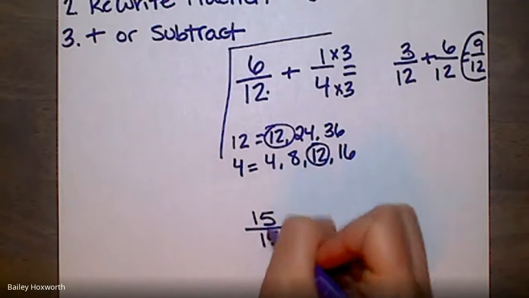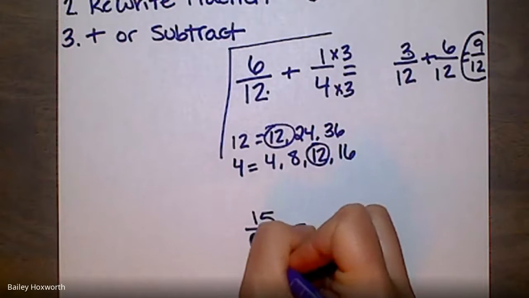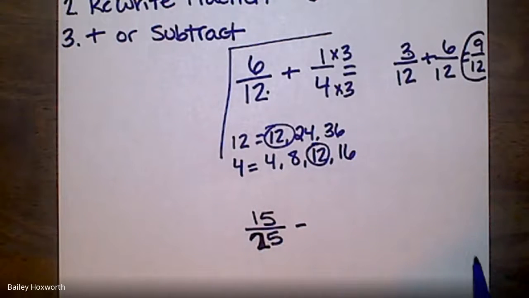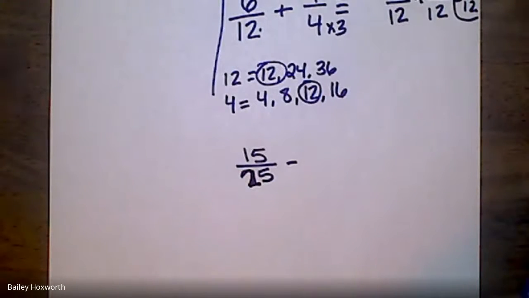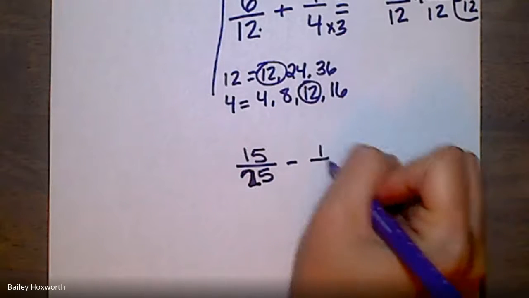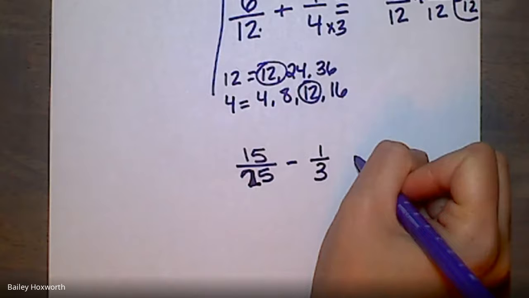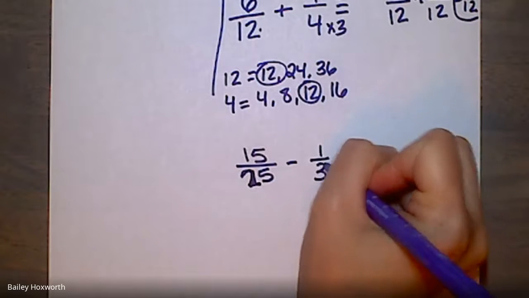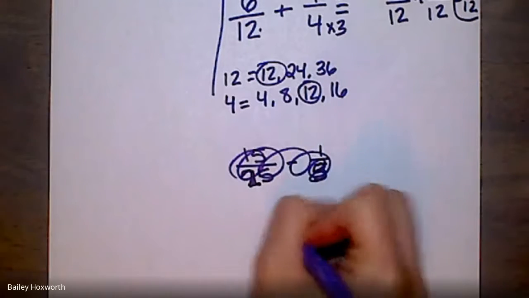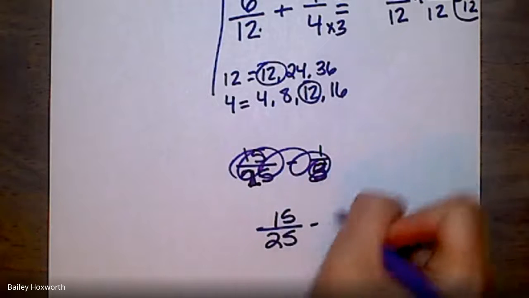Let's do 15 over 25 minus 1/5. Sorry, guys. Okay, I'm changing my mind. 15 over 25 minus 1/5.